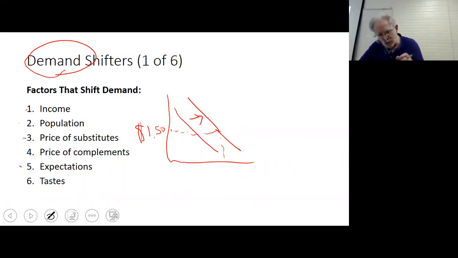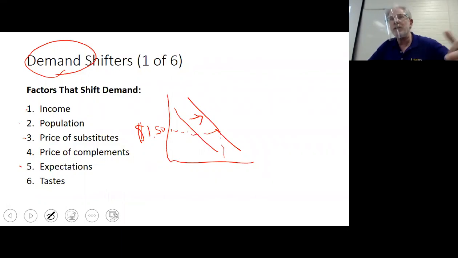So if consumers start to expect the price is going to go up, then the demand for the product will increase. If they think the price is going to go down, the demand for the product will decrease. If consumers' expectations haven't changed, then demand isn't going to change.